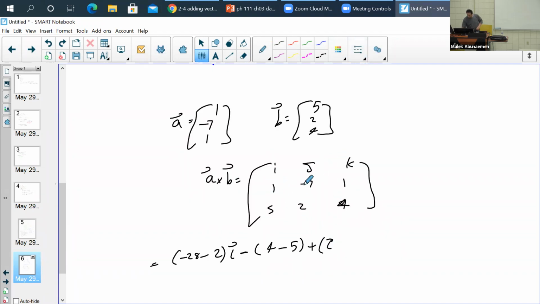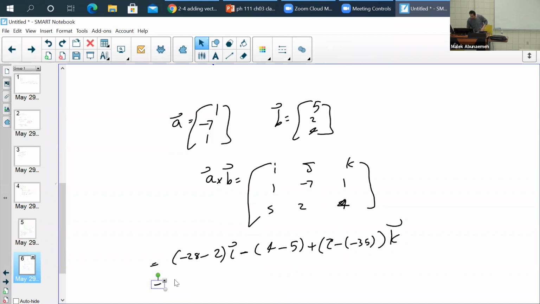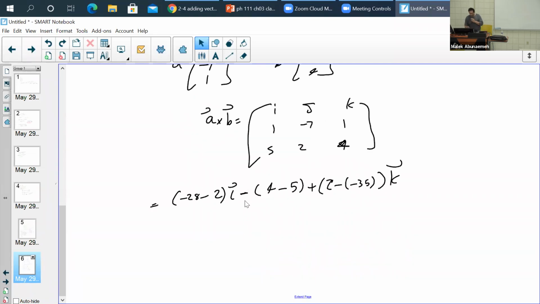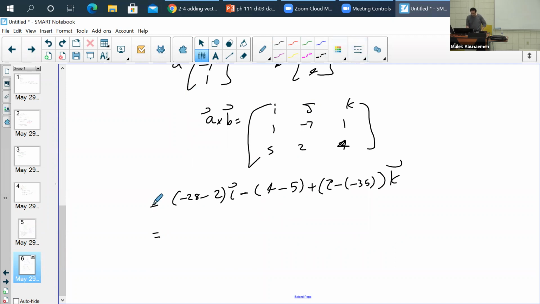Here's your K's, 1, 2 minus 35 in the K direction. So this is going to equal minus 30 in the I direction.